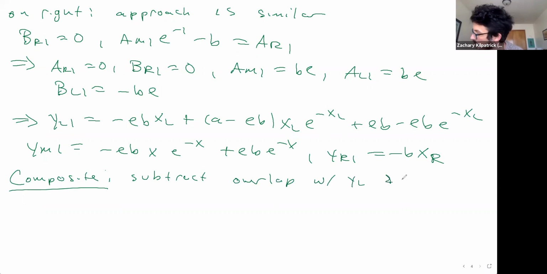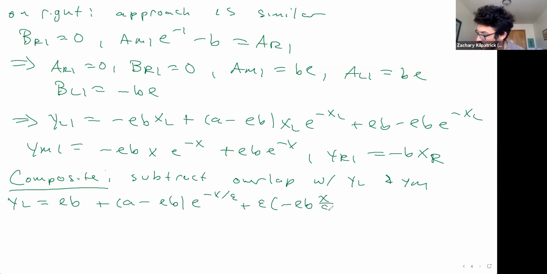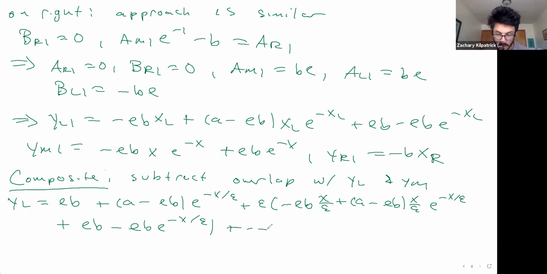And if we identify the overlap of y_L and y_m, okay, what we find is that y_L now is equal to EB plus A minus EB e to the minus x over epsilon plus epsilon minus EB x over epsilon plus A minus EB x over epsilon e to the minus x over epsilon plus EB minus EB e to the minus x over epsilon, and so on, okay?